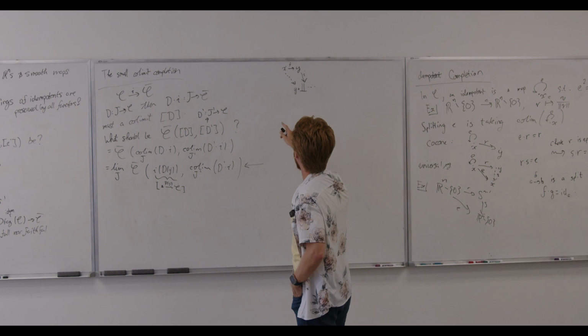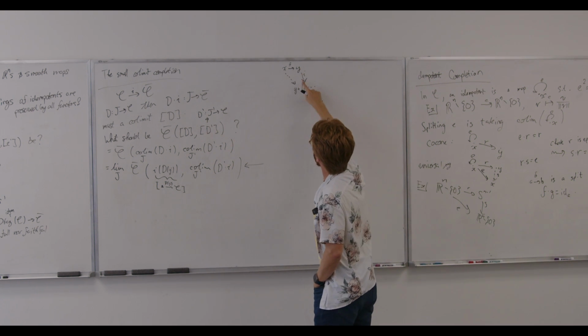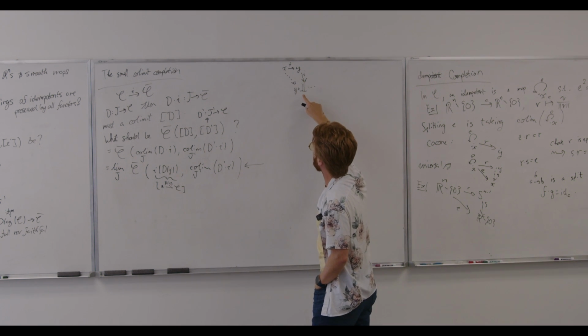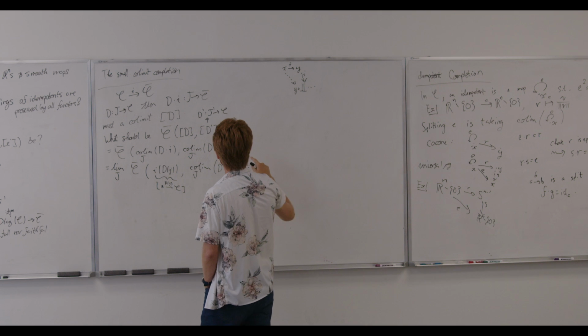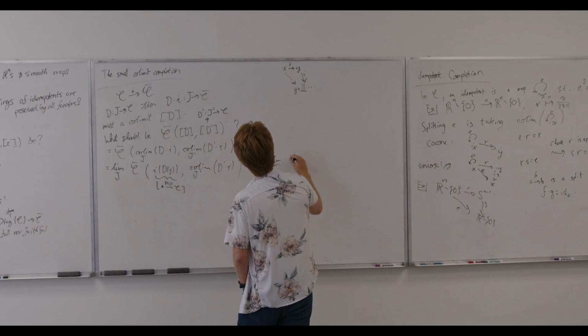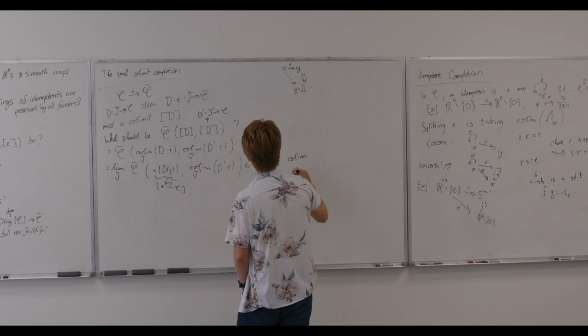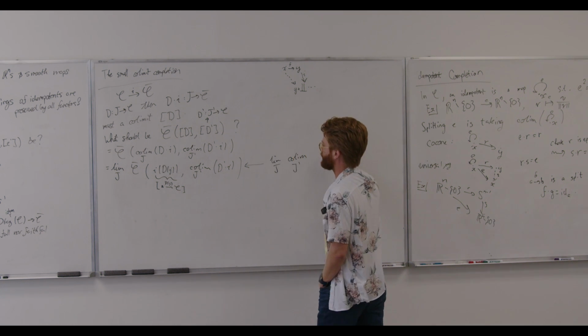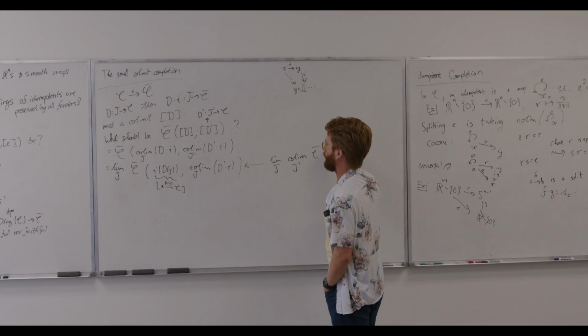So there's the induced map f of I, which lives in the following colimit. Those maps that are formal aren't all necessarily different from each other. Some can get glued together according to this colimit.